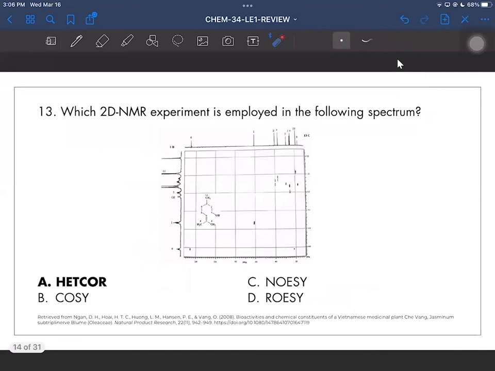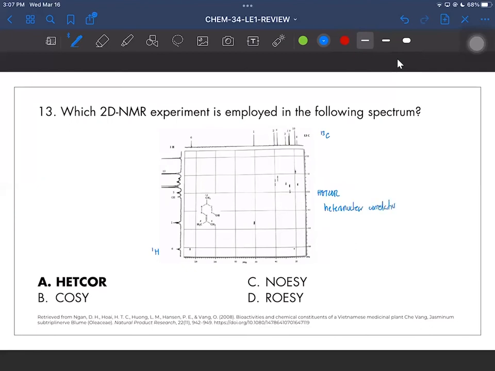Number 13: which 2D NMR experiment is employed in the following spectrum? For this, let's look at the axes of the 2D NMR here. On this axis, we have the carbon NMR. Meanwhile, the vertical axis has the H NMR. So the spectrum that compares carbon and protons is HETCOR, or heteronuclear correlation, if I'm not mistaken.